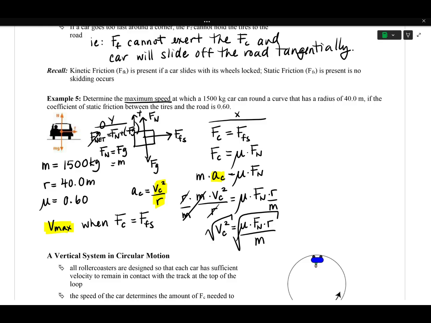So now I know my F_N is equal to my F_g, and F_g is solved by m times g. So now I can take this m times g and sub it into F_N. So here we go. So v circular speed is going to be equal to the square root of my coefficient of friction times my mass times my g times my r, all divided by mass.